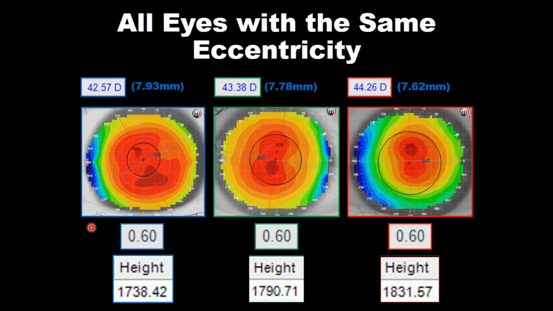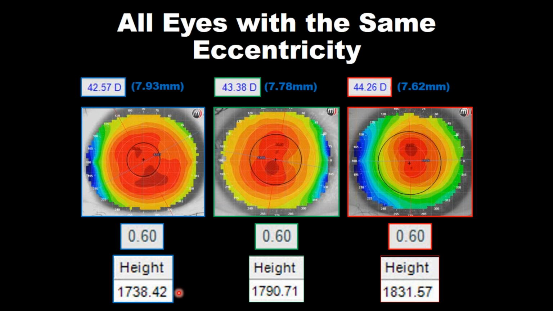Now, of course, the 7.93 cornea is a much flatter eye, 7.62 a much steeper eye, 7.78 right in the middle. If all three of these eyes have a 0.6 eccentricity, if they all have the same rate of flattening, what does that mean to the overall depth of contact lens that we're going to require? And in the case of our flattest cornea, the depth of the cornea is around 1738 microns.